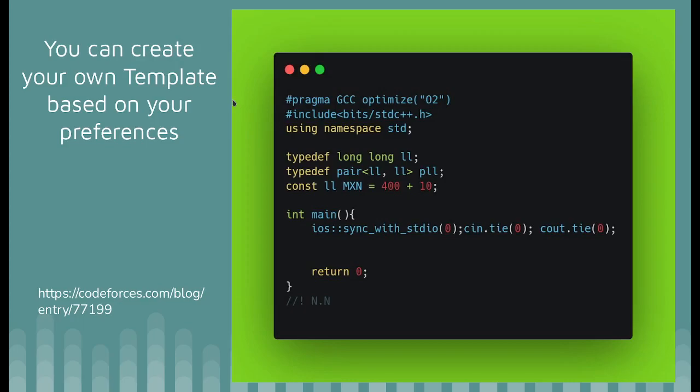I use the same thing for pair of LL and LL, PLL, and there is a constant value there. The const means that I won't change this variable. You can search and learn more about it. There is a MAXN, something like that.